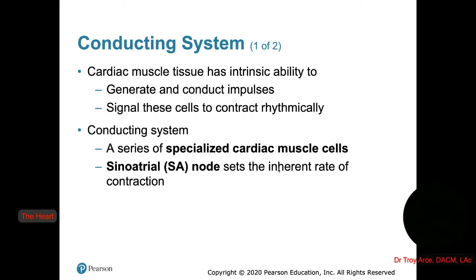These signal the cells to contract rhythmically. The conducting system is a series of specialized cardiac muscle cells, starting with the SA node, which sets the inherent rate of contraction. That's your SA node, your sinoatrial node.